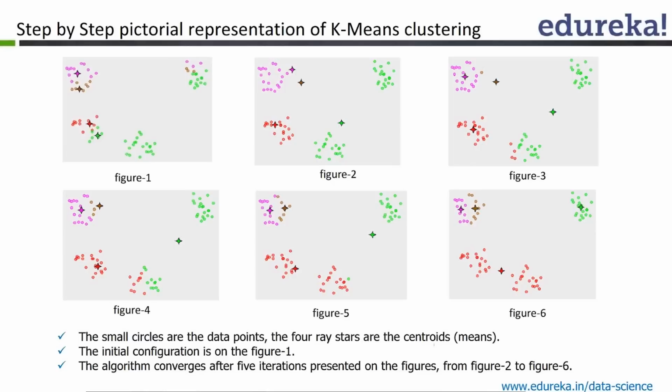Similarly, I take this point and compute 4 distances to the pink, the brown, the red, and the green. When you take the minimum, it turns out to be the pink center, and therefore I colored this point pink, and so on.